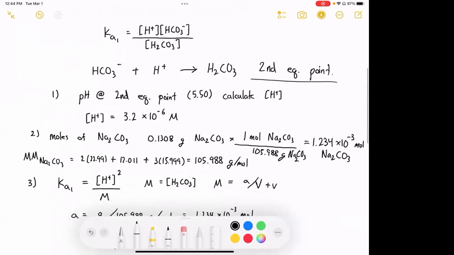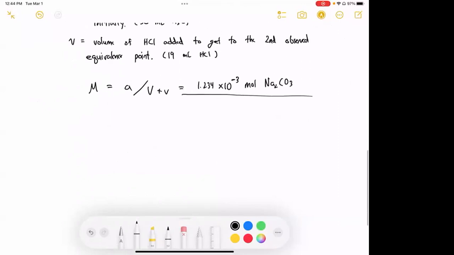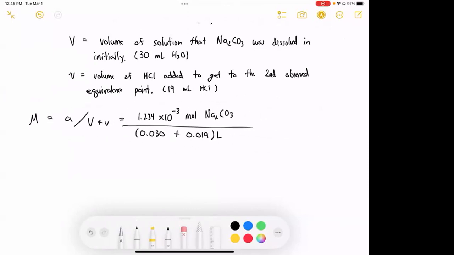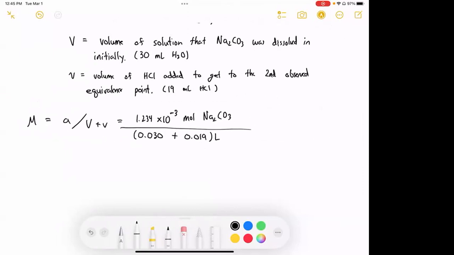So we're going to say V is 0.030 plus 0.0190 liters. And that will give us a value here.